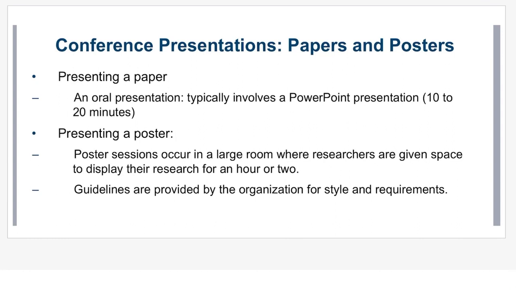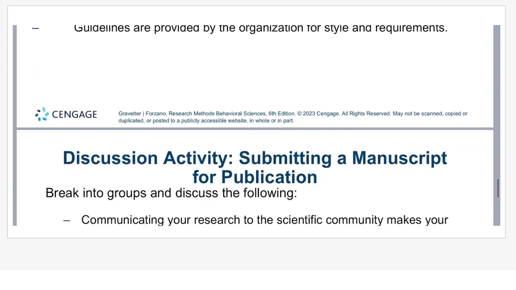Think science fair sort of, where there's tables and posters and things set up, for researchers to display their research for an hour or two, so that other researchers can walk around and look at them, ask questions, things like that.